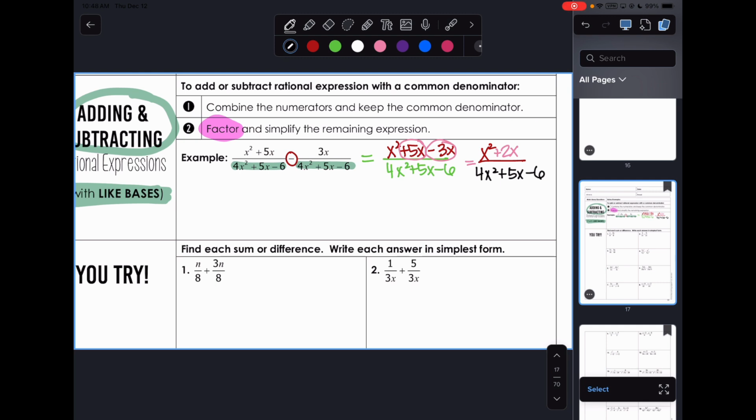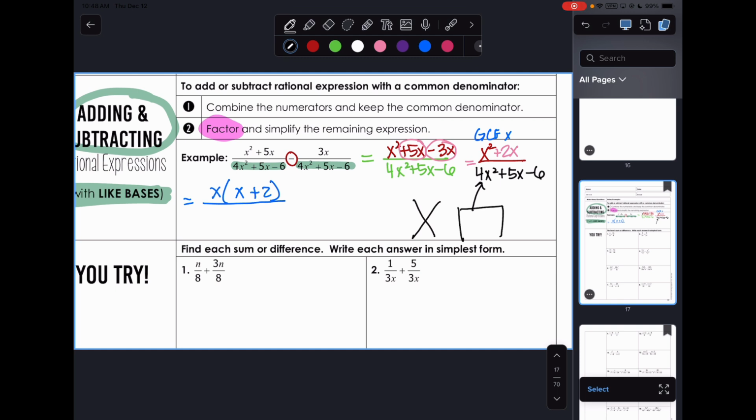Can I factor the numerator? Yeah. What do you see? I have a GCF of x, right? So I'm going to factor out the GCF x. Then I'm left with x plus 2, all over. And then we're going to use what to factor that one?